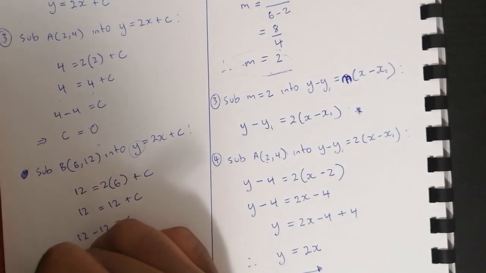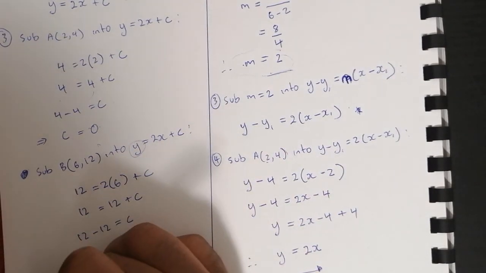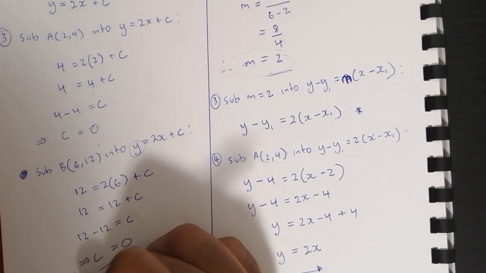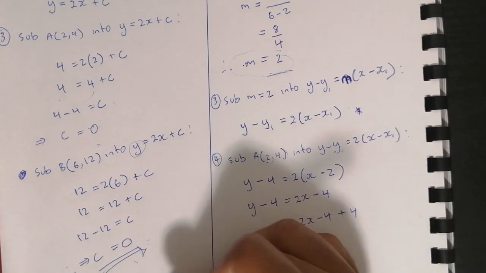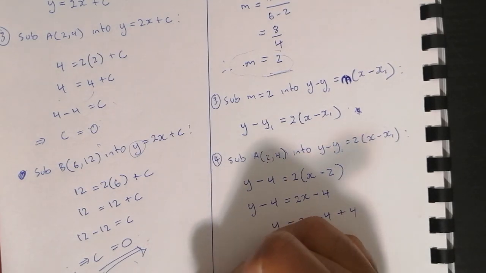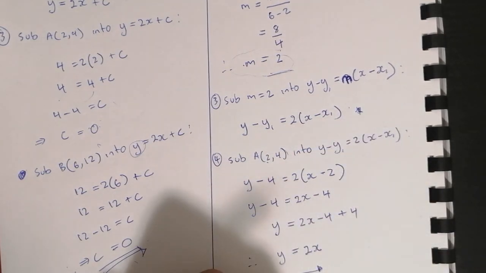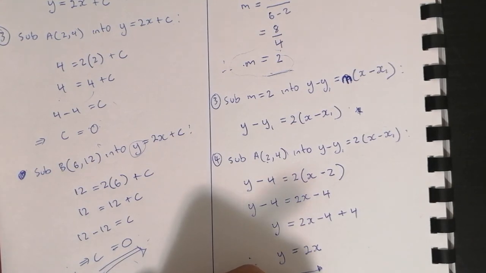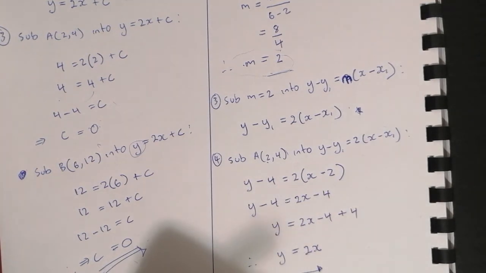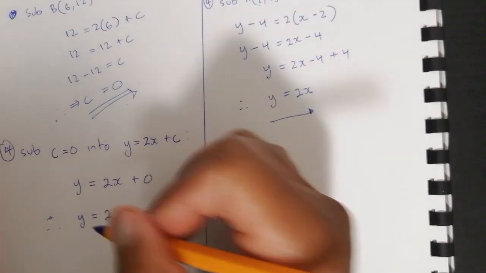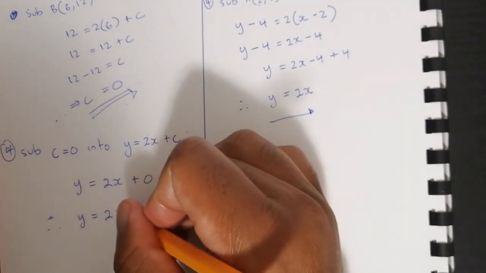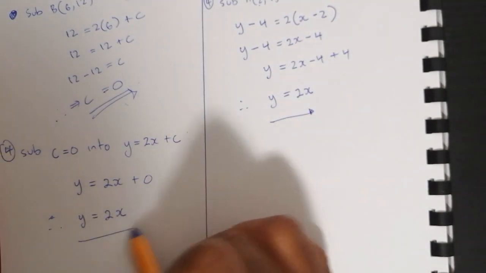So number 4, we just substitute c equals 0 into y equals 2x plus c. That gives us y equals 2x plus 0. Therefore, y equals 2x, and there we have it.